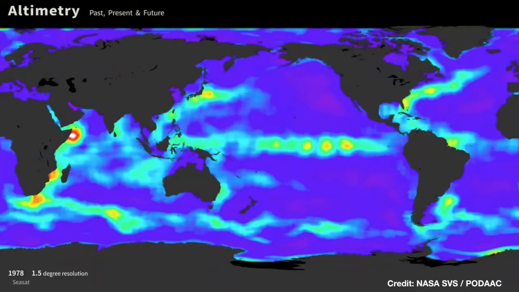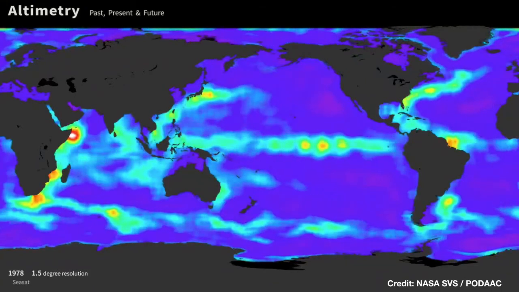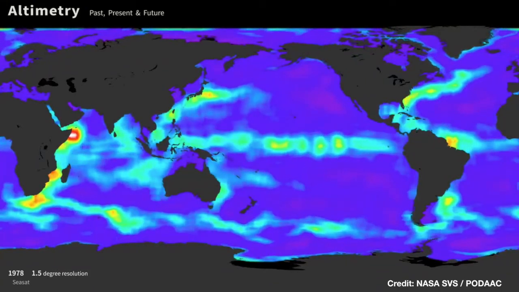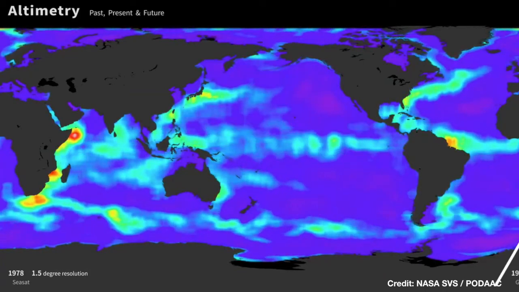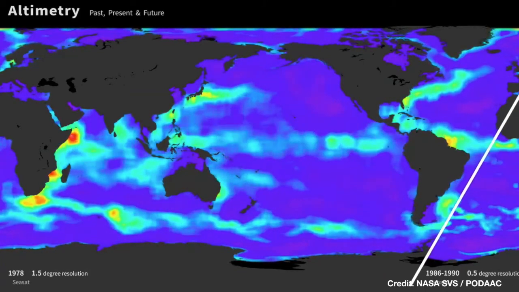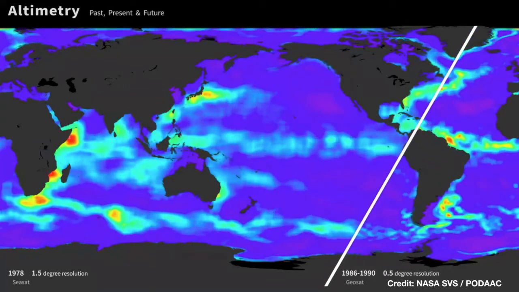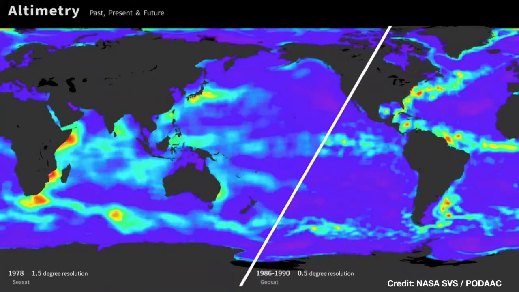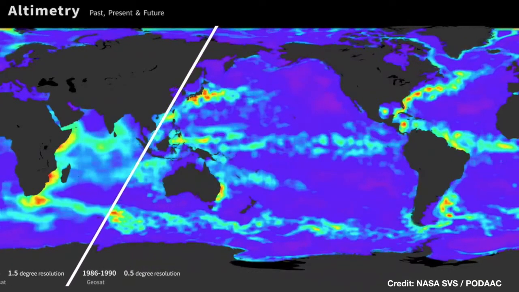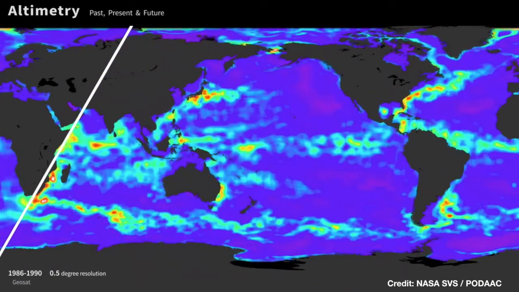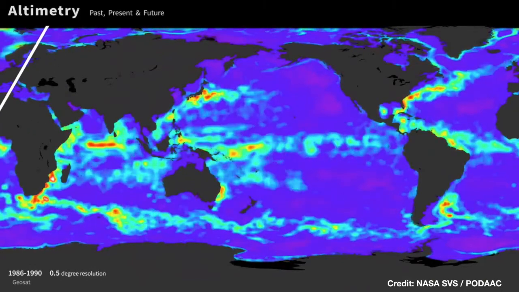Now, altimetry, measuring the height of the ocean surface from space, gives us a way to estimate that pressure gradient. So it's a key component in this process. What we're looking at here is a very cool visualization of how the resolution of those altimeters has improved over time.